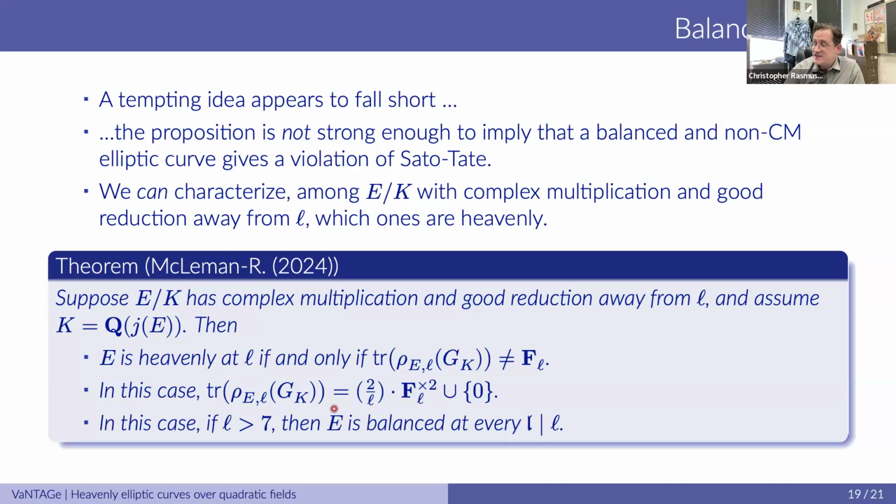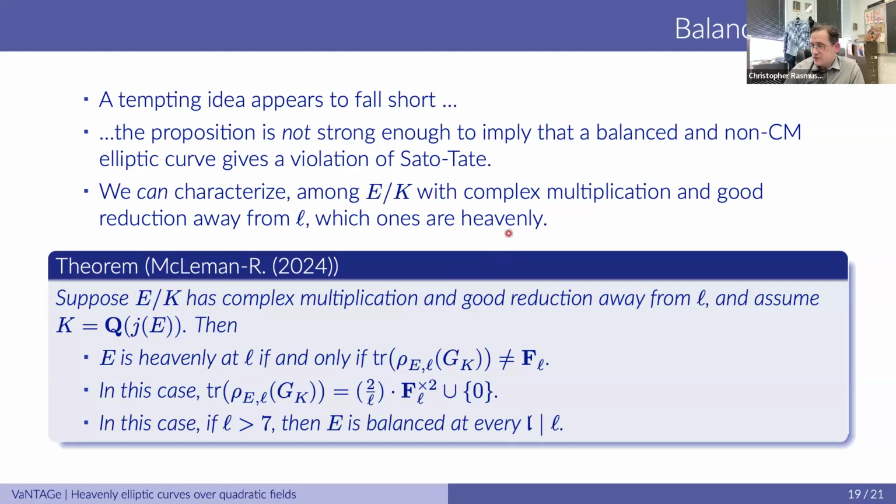The image of trace we can describe in the exceptional case quite easily. It's essentially half of F_L. You either get 0 and all the squares, or you get 0 and all the non-squares, and this is entirely determined by the Legendre symbol of 2 over L. And as long as L is not tiny, we can even demonstrate that the elliptic curve has to be balanced at every prime dividing L.